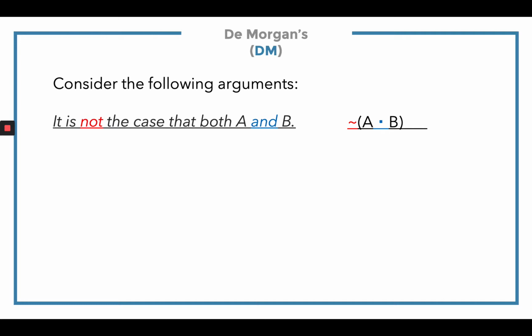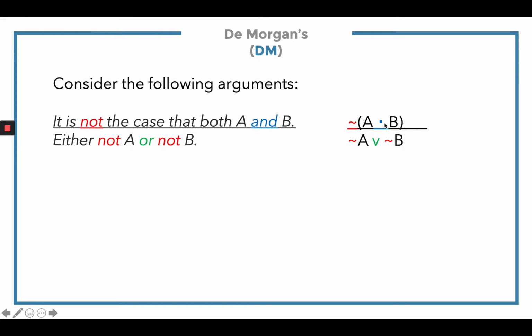We would symbolize that as I put it here on the right side, not the case, parentheses, A and B. Now this is logically equivalent to saying this thing, either not A or not B. So if we know that it's not the case that A and B here, we also know it must be either not A or not B. At least one of those has got to be true. It's possible that both are true. At least one has to be true. So these two statements are logically equivalent to each other.